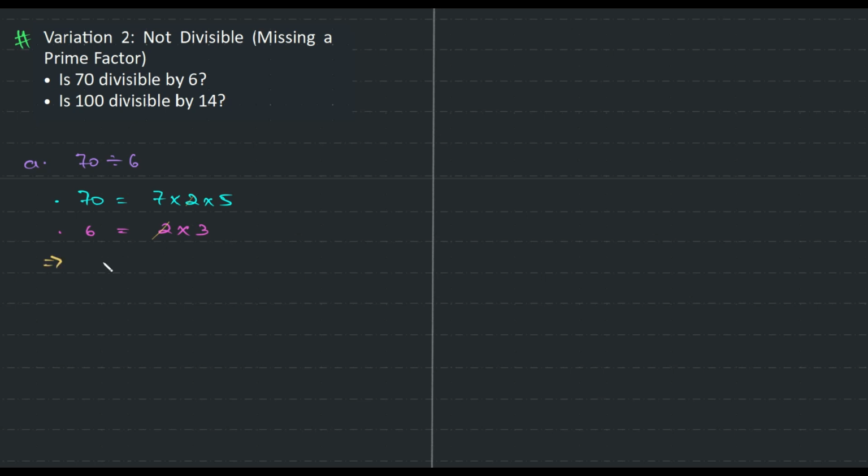So clearly, 70 is not divisible by 6. Reason being, 3 is extra in 6.